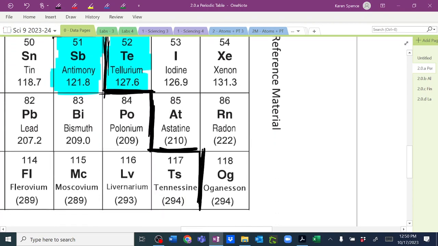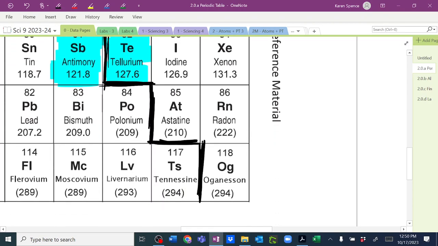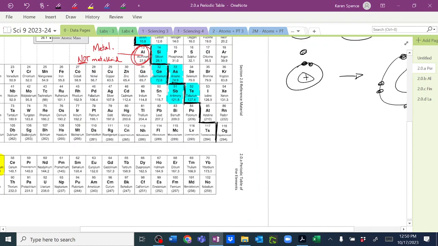Okay, and then to be honest with you, this area of the periodic table down at the bottom, you may notice that your periodic table is just missing some elements, yes? Honestly, nobody uses these elements.